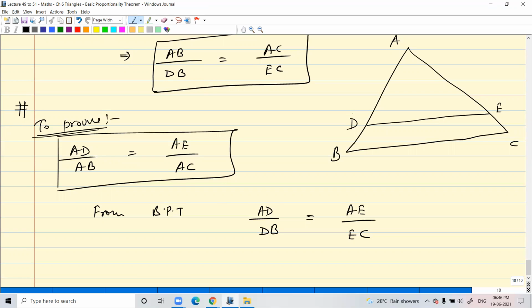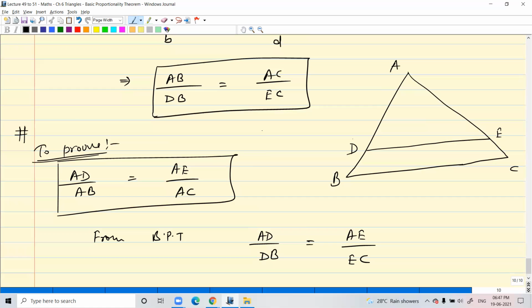So from that we can prove BD by AB is equal to CE by AC. So then if we relate both the equations, we will get that BD is equal to AD. No, sir. Okay, I didn't get anything, whatever you said. Repeat once again. Tell me what you want to do slowly.